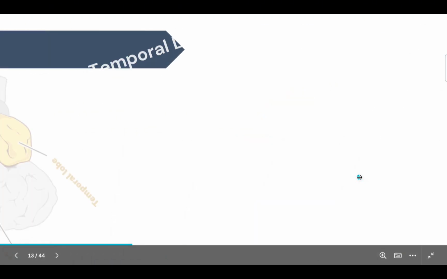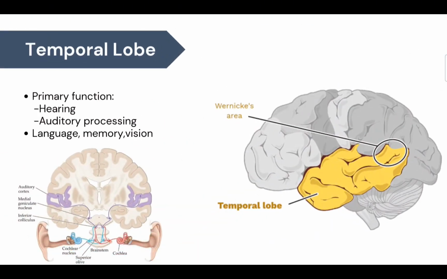And then we also have the temporal lobe. As it is located near our ear, the primary function is hearing, or auditory processing. When we hear something, we may hear sounds, voices, noises, and mostly when we hear voices, it will involve language. When there is language comprehension, there is learning.